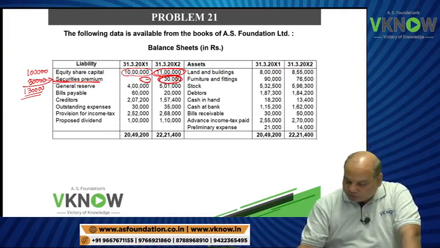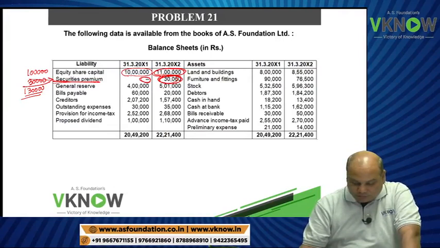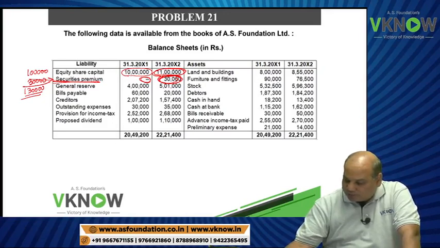Then next is general reserve, bills payable, creditor, outstanding expense, provision for income tax, proposed dividend. Land and building, plant and machinery, stock, debtor, cash, bank, bills receivable.